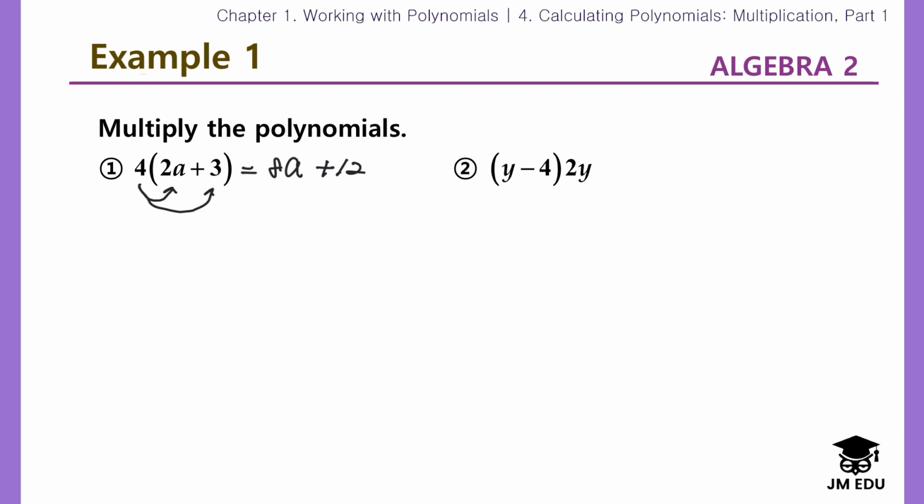Number 2, we have binomial and monomial, right? So y times 2y, that's going to be 2y squared, and negative 4 times 2y, that's minus 8y.